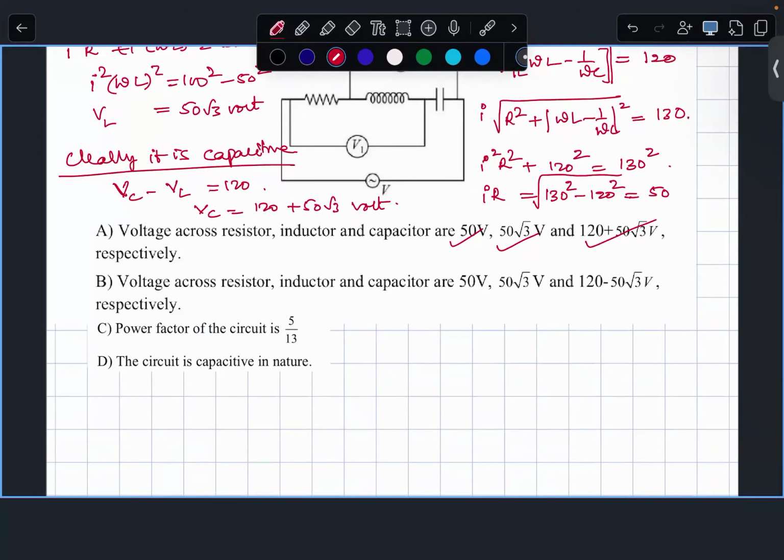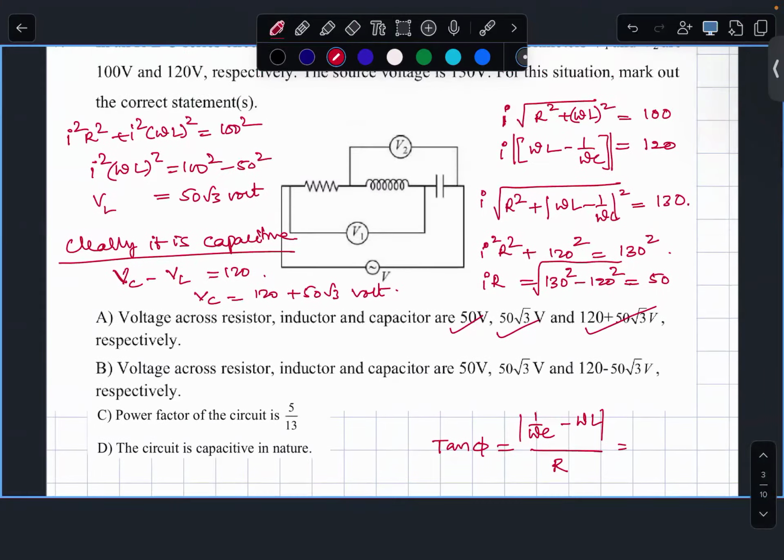What is the power factor of the circuit? Power factor: tan phi is the modulus of, clearly capacitive, 1 by omega C minus omega L, by R. And this is the same ratio as their voltages.